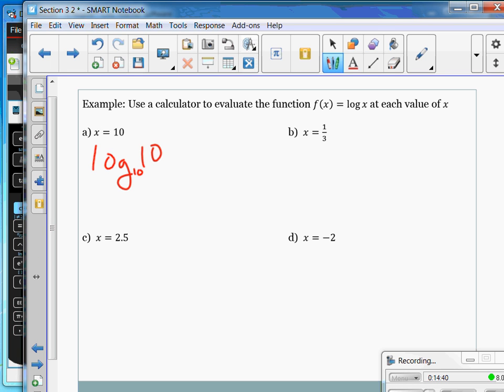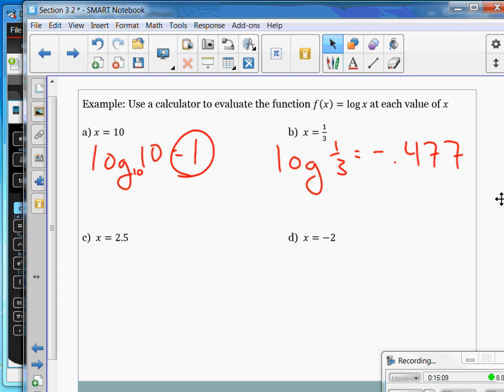For part B, Kyle. Let's see, we're looking for the common log of 1/3. -0.77. Does that sound right? Does that answer make sense?